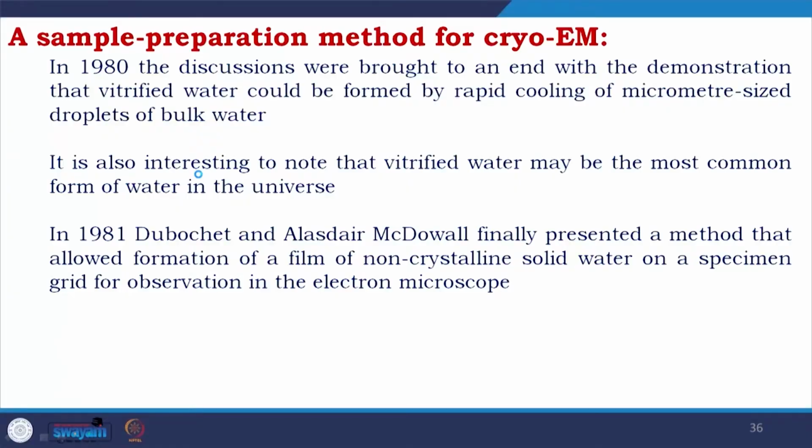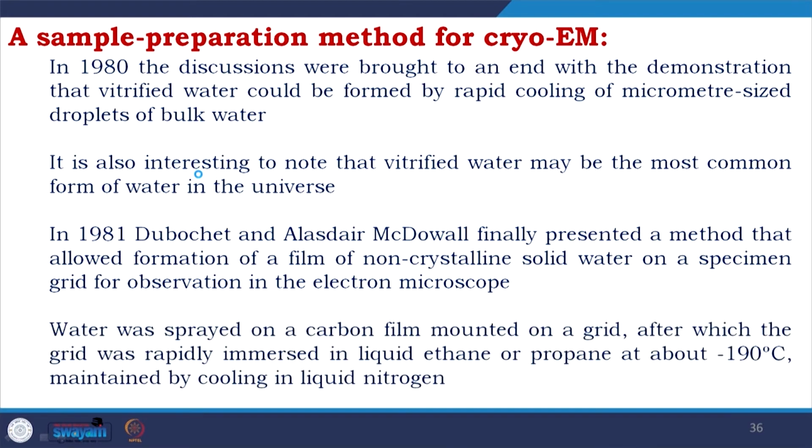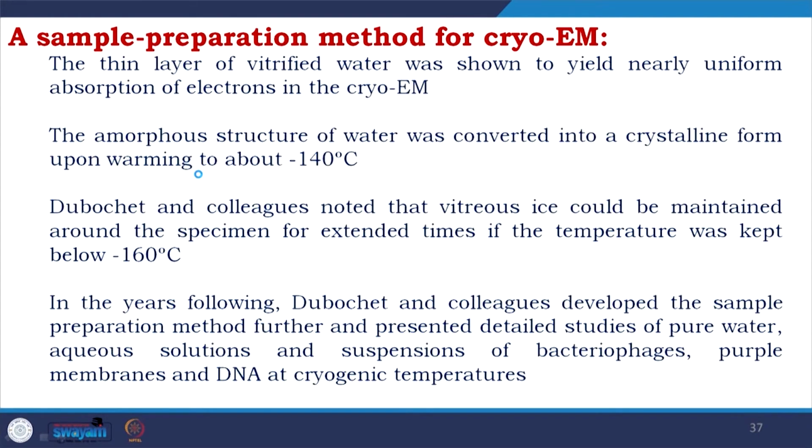In 1981, Dubochet and Elsdeer McDowell finally presented a method that allowed formation of a film of non-crystalline solid water on a specimen grid for observation in the electron microscope. Water was sprayed on a carbon film mounted on a grid, after which the grid was rapidly immersed in liquid ethane or propane at about minus 190 degrees centigrade, which is the temperature of liquid nitrogen, maintained by cooling in liquid nitrogen.